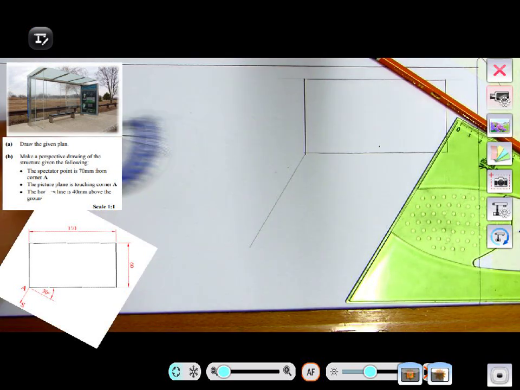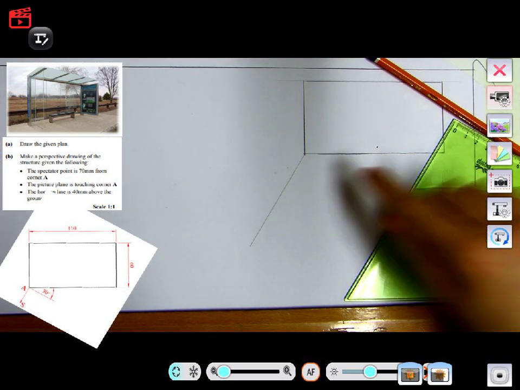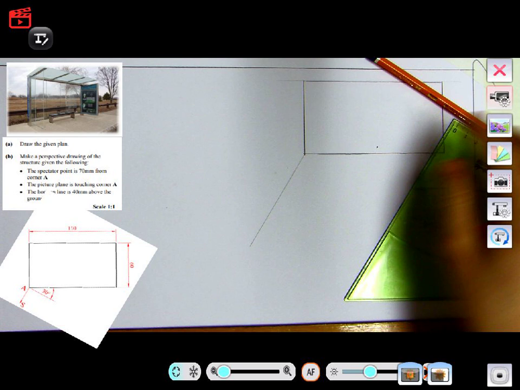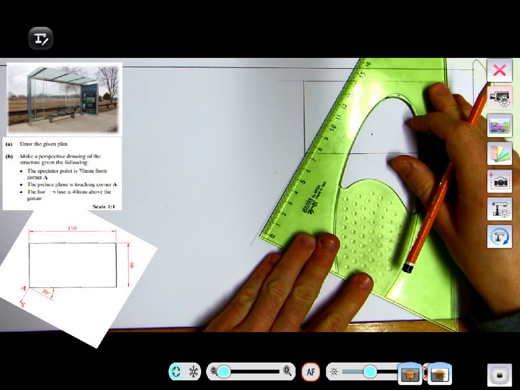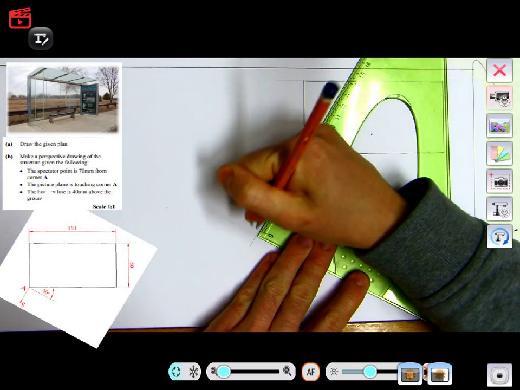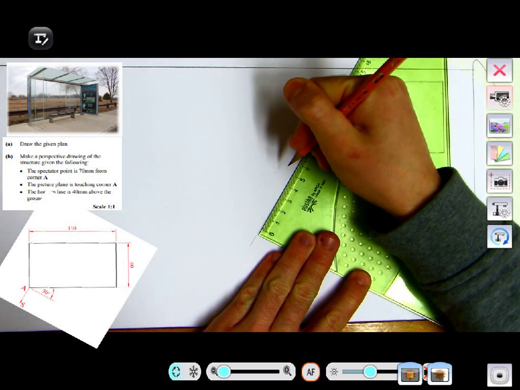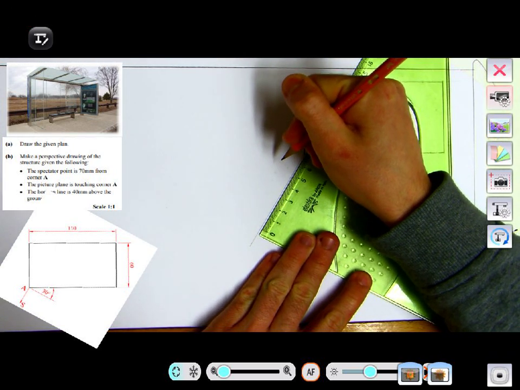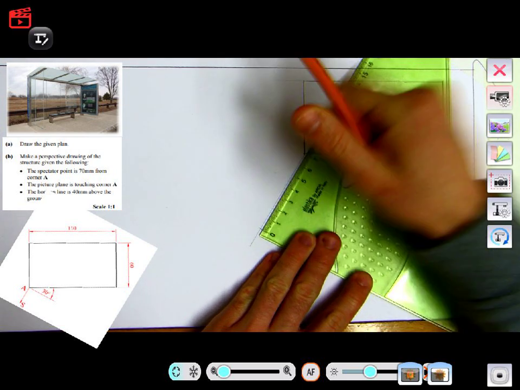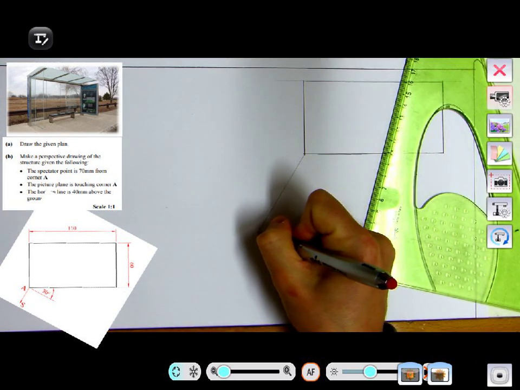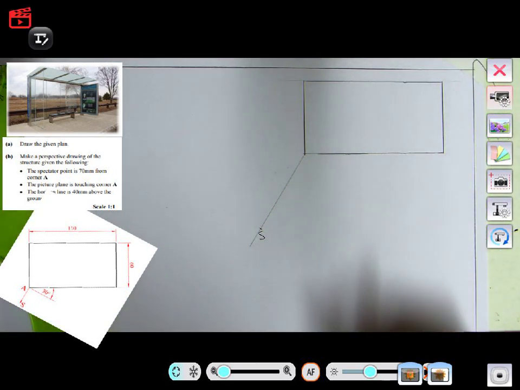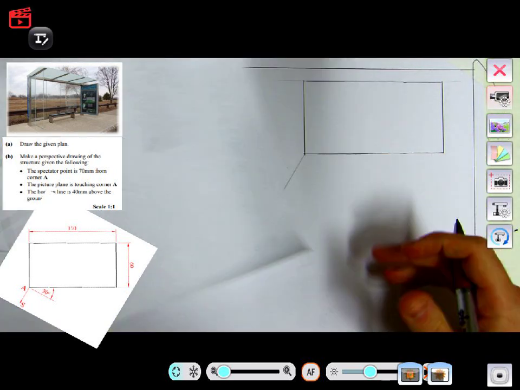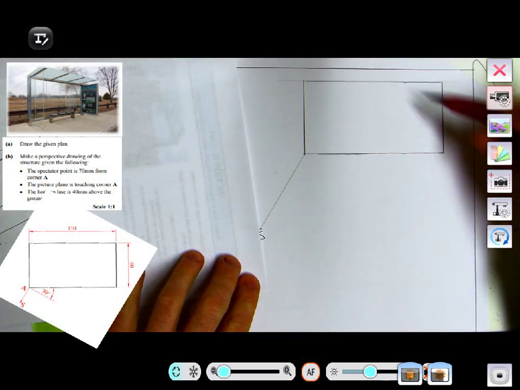So that is the position of our spectator at this angle, and we were told in the question that the spectator is 70 millimeters away. So I'll measure 70 millimeters from corner A, and I mark in the spectator. Now, at this stage what I would do is label my 8 corners.